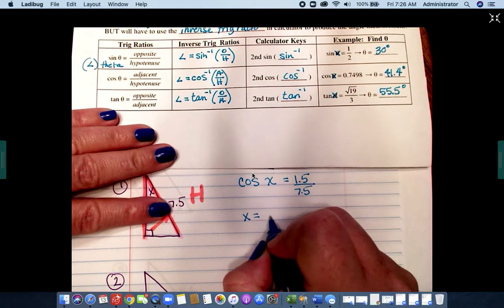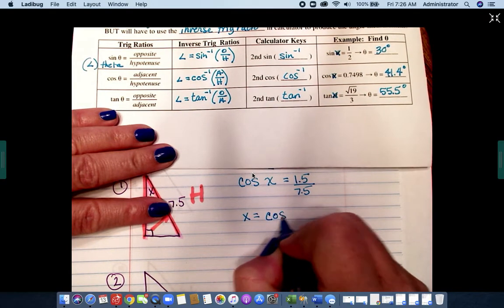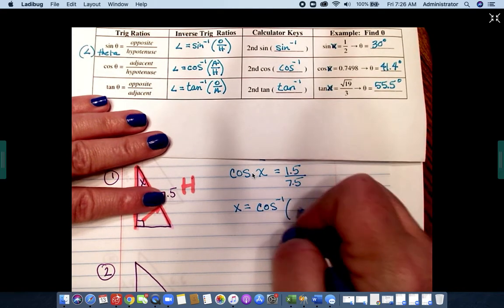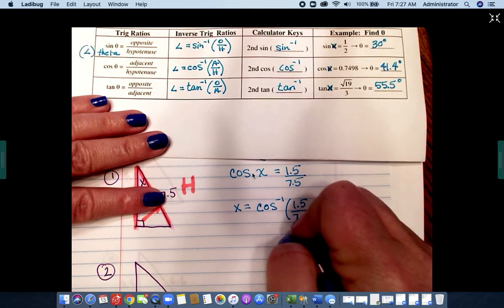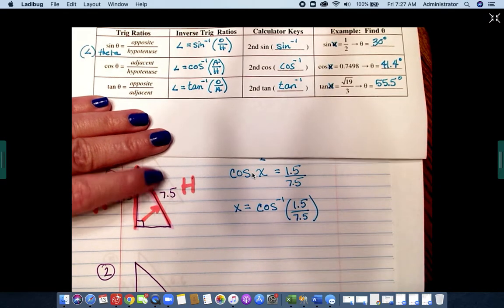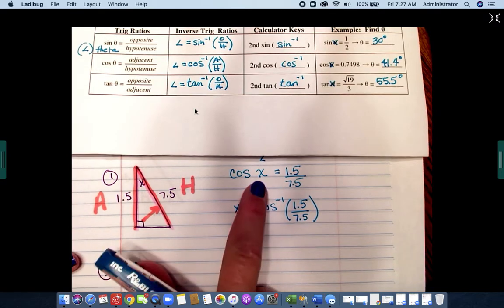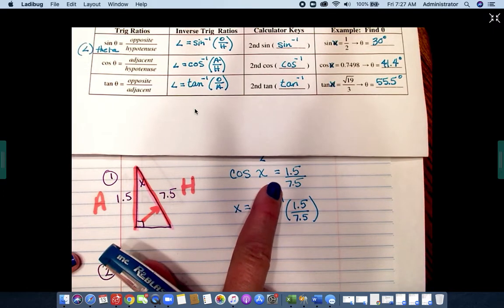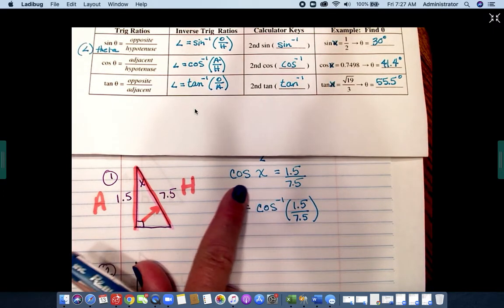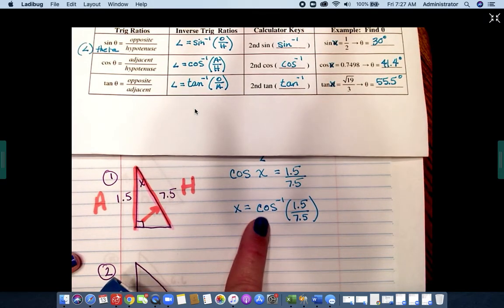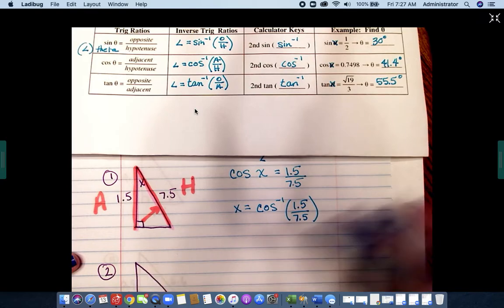So that means that x, and I'm going to ask you to write exactly what you type in your calculator, is the inverse cosine of 1.5 over 7.5. So if you write the ratio, cosine x equals 1.5 over 7.5, just like we've been doing, then to solve, x will be equal to the inverse cosine of this same ratio.